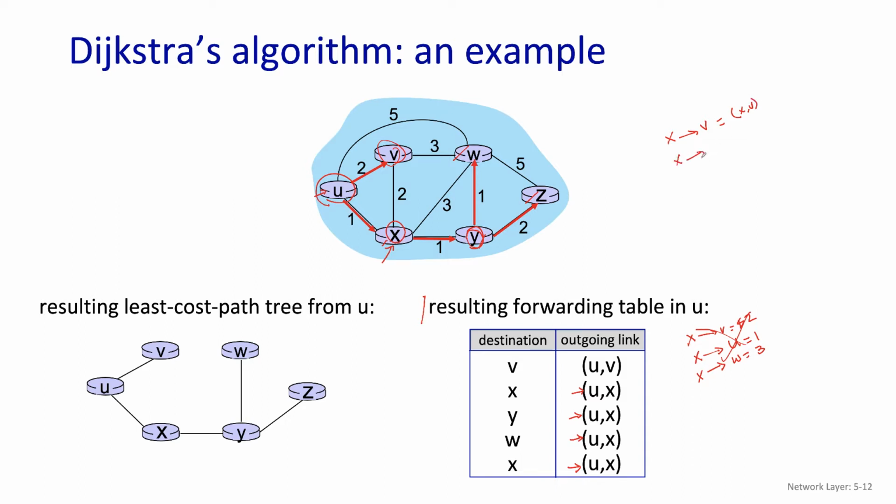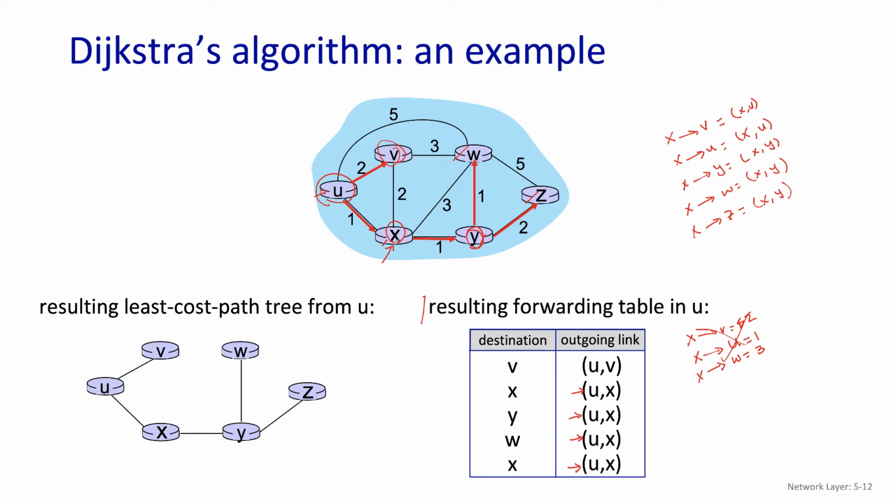And from X to U, it's going to be X and U. And from X to Y, it's going to be X and Y. From X to W is going to be X and Y. And from X to Z is going to be X and Y.